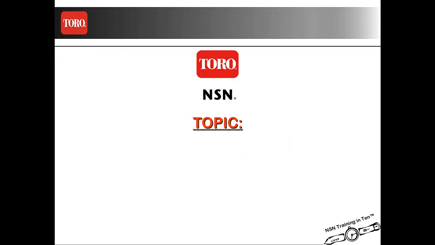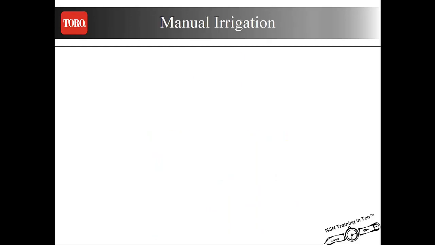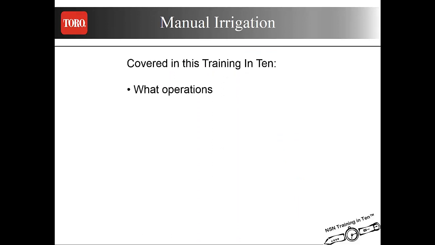Today's topic is an overview of manual irrigation in the Lynx Central Control System. While this presentation is demonstrated in Lynx version 5.0, the principles apply to all versions of Lynx. Covered in this Training in 10 is a description of what operations can be performed manually from your Lynx Central Control System.